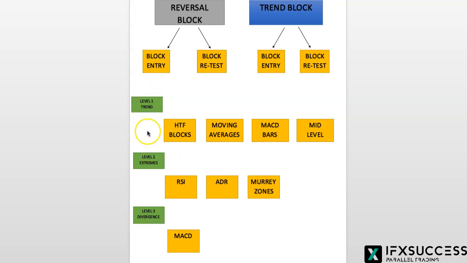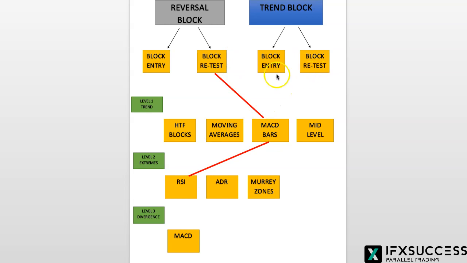Now when you have this type of filters, the way you use it is that you don't have time to analyze the market. You don't have time to sit around in front of the computer, or you get bored sitting in front of the computer. So you tell the EA, listen, today I want you to do this. I want you to trade only 1 hour block retest, which would be one block retest based on maybe higher time frame MACD bars, and maybe also some RSI, and then that's it.